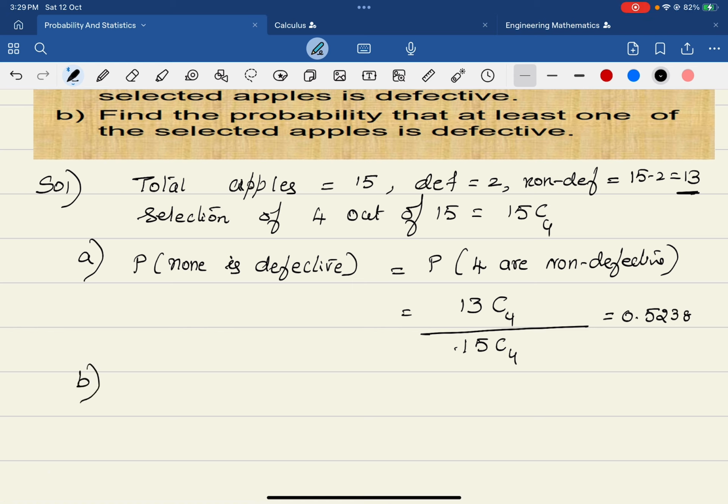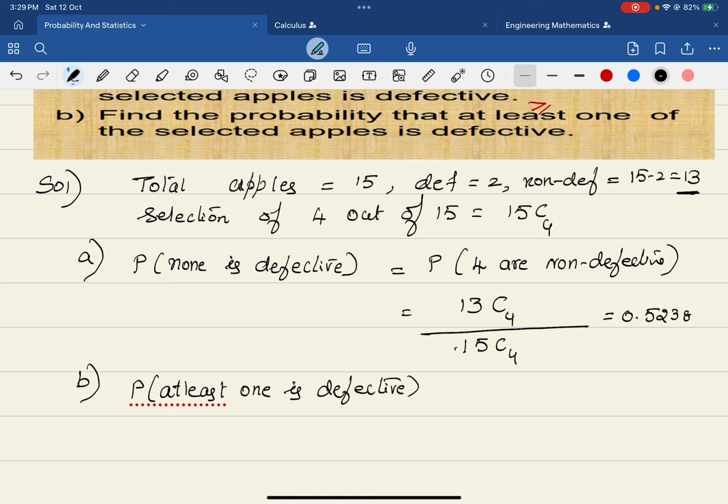Now coming to the next one: what is the probability that at least one of the selected apples is defective? Now again, as I said, at least means what? Greater than or equal to. Always remember that. So now we wanted the probability that at least one is defective.